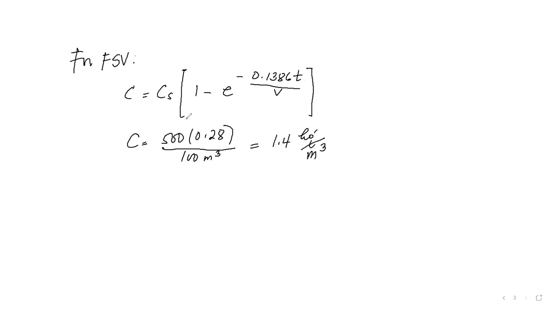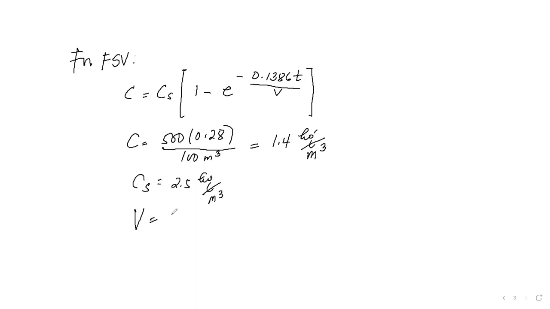So 500 solid, mass of the solid, the entire solid, which has only 28% A, dissolved in 100 cubic meter of water. Now, just like in the pilot scale, your saturation concentration is 2.5 kilograms per cubic meter.